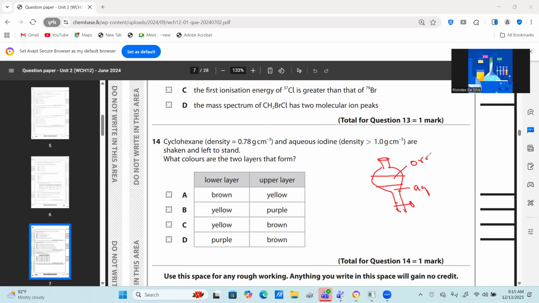Top, you have the organic solution. And iodine is purple in the organic solution and yellow or brown in the aqueous solution. So we can easily say that the lower layer should be yellow or brown. So we have three options. Upper layer should be purple only. So the correct answer is B.